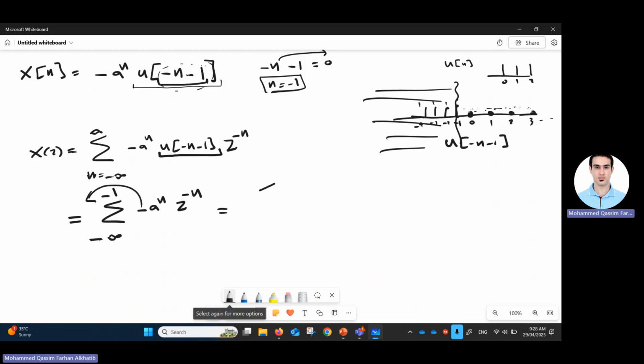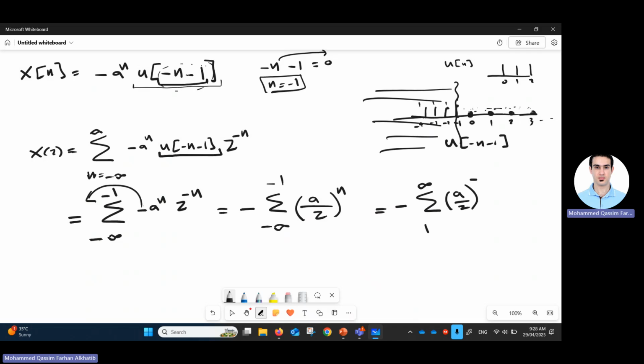This is going to equal the summation from, oh, my bad. This one is fine. I just took the sign outside the summation, negative infinity to negative 1, same expression. That's going to equal the negative sign still there, summation from 1 to infinity, a over z, now to the negative n.